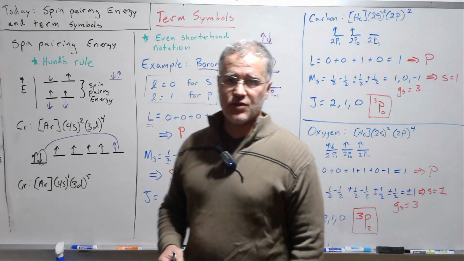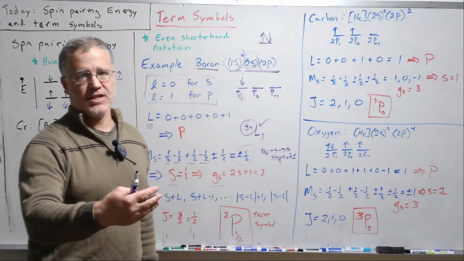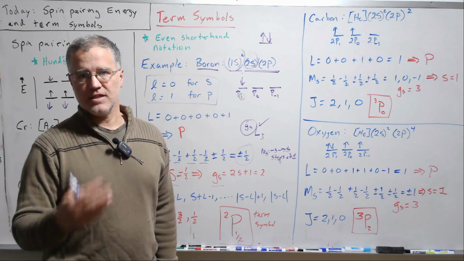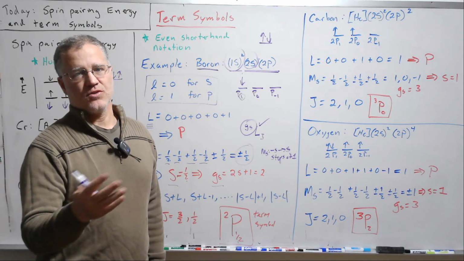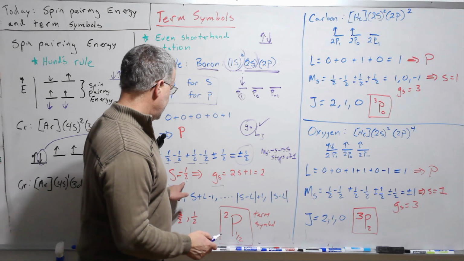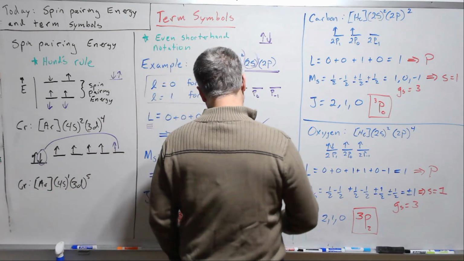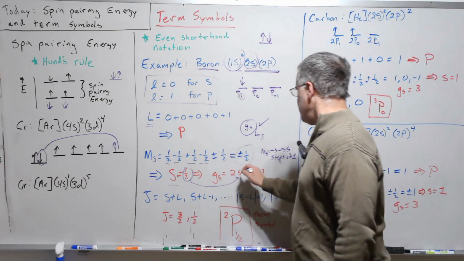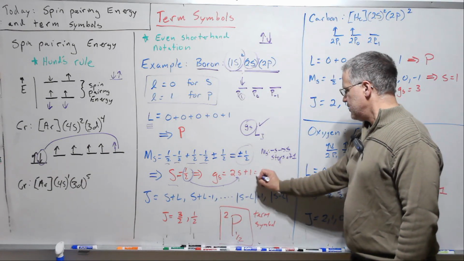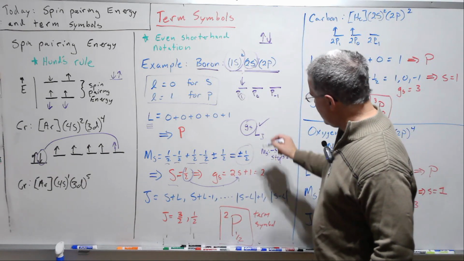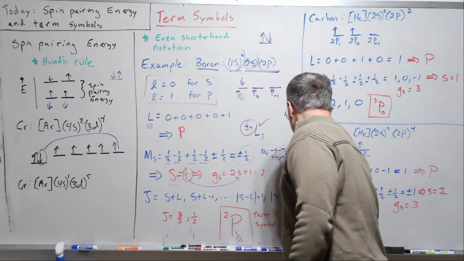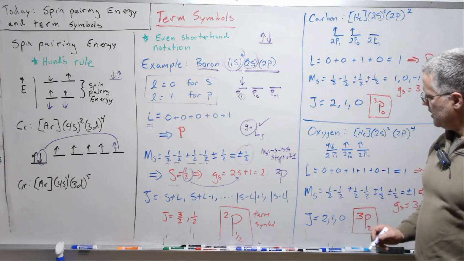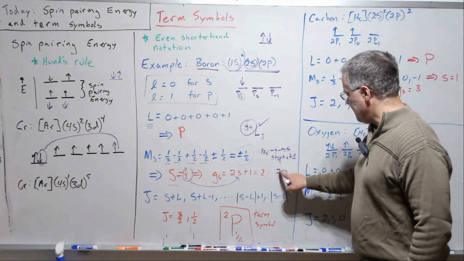So if s is 1/2, then m_s is minus 1/2 or plus 1/2. So conversely, we figured out that m_s is plus or minus 1/2, so that means S is 1/2. Okay, so we stick this in here. 2 times 1/2 is 1, plus 1, so 2. So now, at this stage, our term symbol is 2 superscript on this side, P.